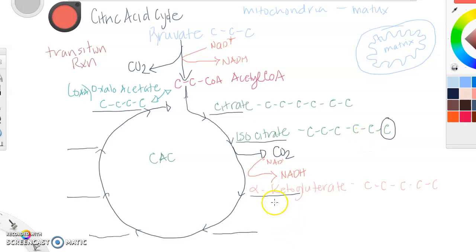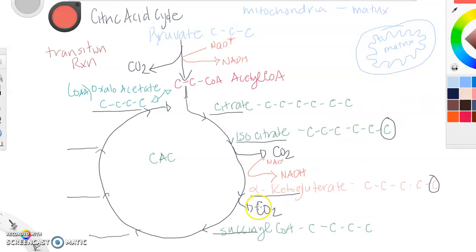Okay. From alpha ketoglutarate to the next intermediate, the same thing happens. We have this 5-carbon molecule, this alpha ketoglutarate, and the same thing is going to occur, and we're going to end up with succinyl-CoA. And to do that, we're going to go through a decarboxylation, get a CO2, get rid of this carbon. So now we have a 4-carbon molecule.